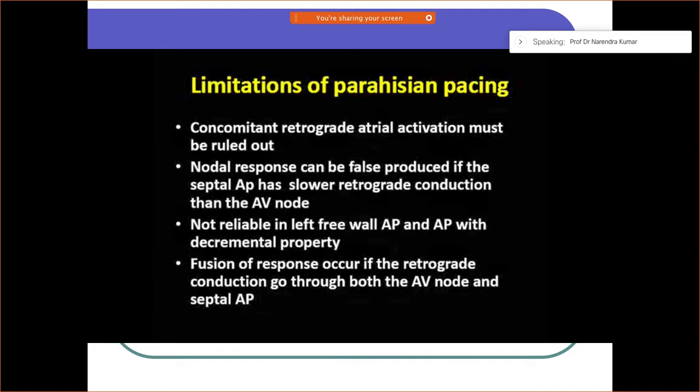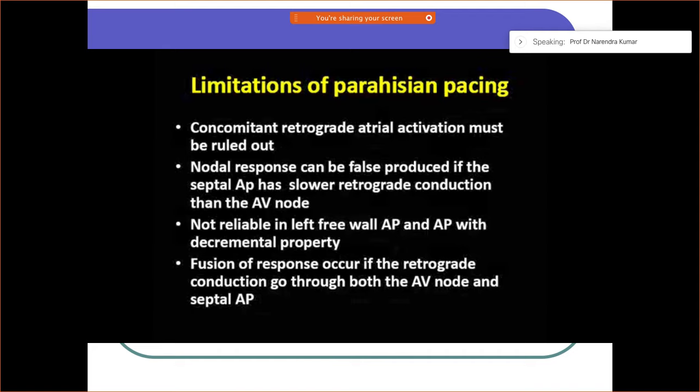But as most common things have good points, they also have their limitations. What are the limitations of this? The common limitations include that you must rule out concomitant retrograde atrial activation. Similarly, the nodal response can be falsely produced if the septal accessory pathway has slower retrograde conduction than the AV node.